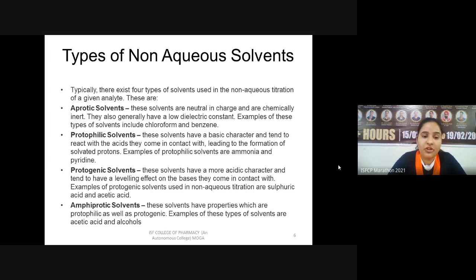Whereas the hydroxyl group which we have is polar in nature, because of the electronegativity difference between oxygen and hydrogen. These solvents act as amphiprotic solvents because they have a non-polar portion, and with that, they have a polar portion also.